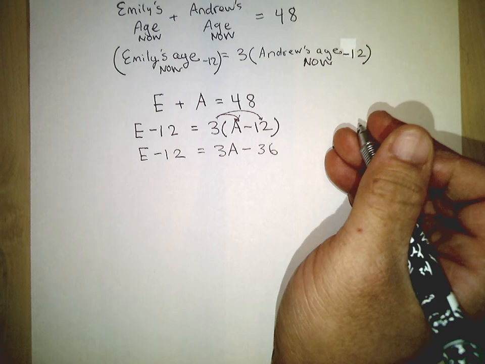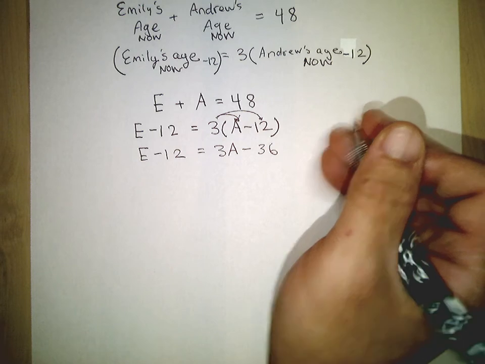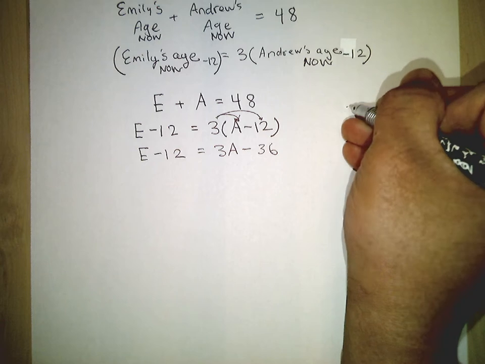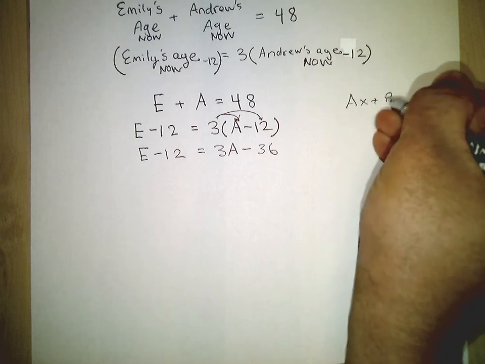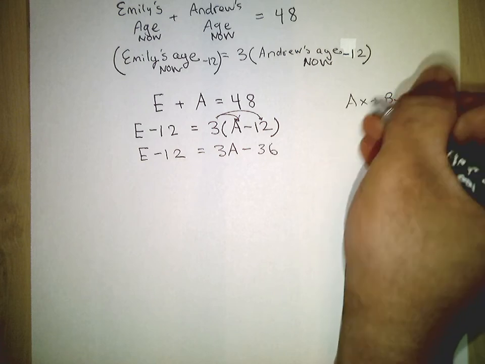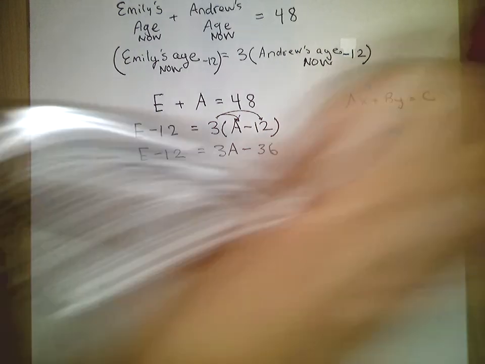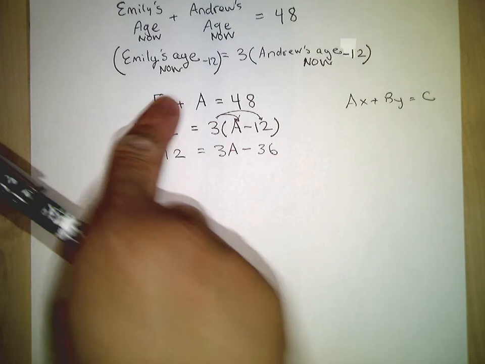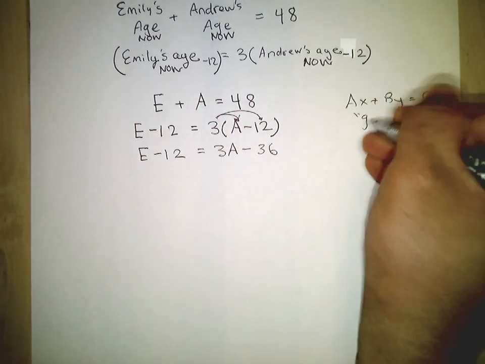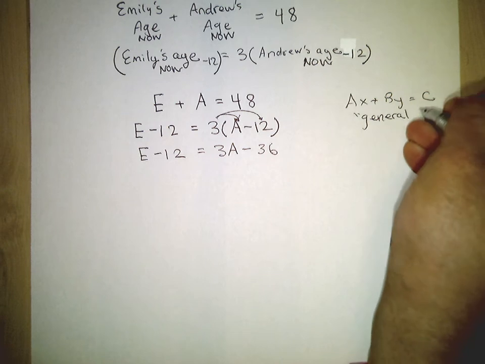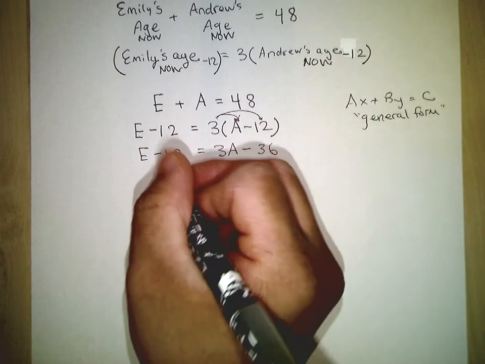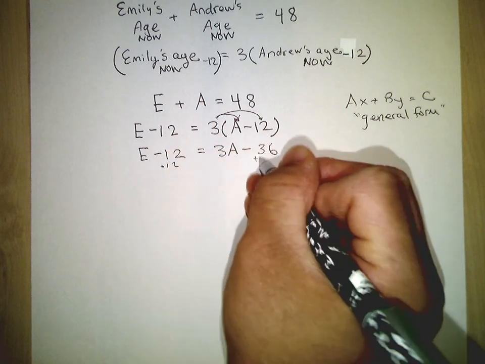Then I can get the equations both written in the form Ax plus By equals C, or in this case, it would be just to line up the E's and the A's above each other. All right, so general form, just to see what's going on, all right? So let's add the 12 to each side.